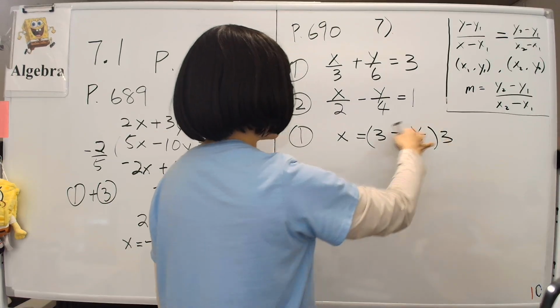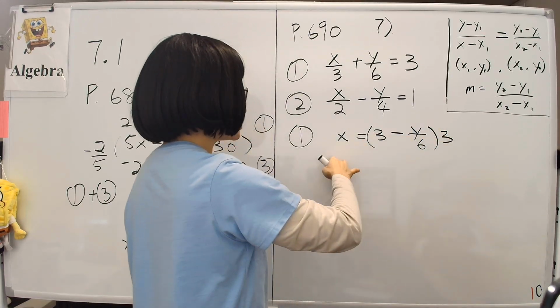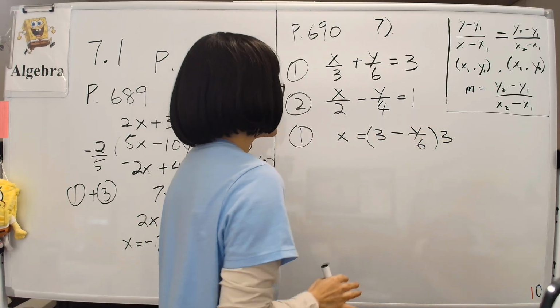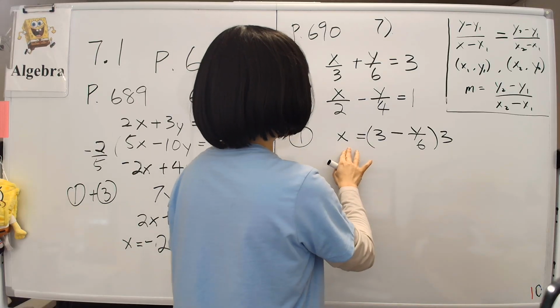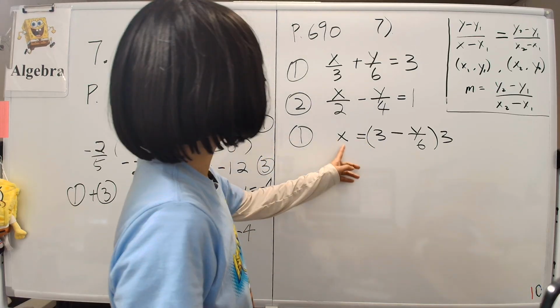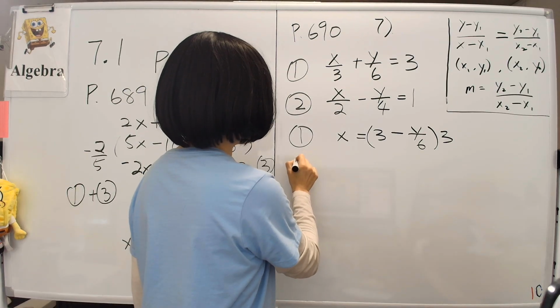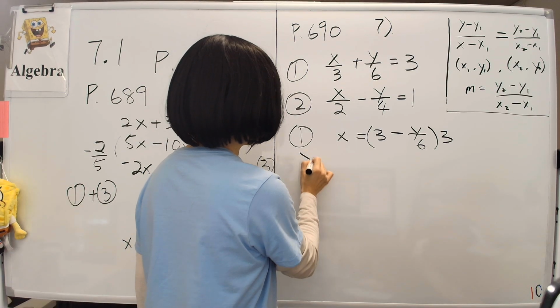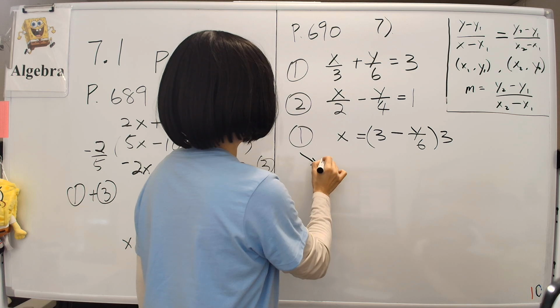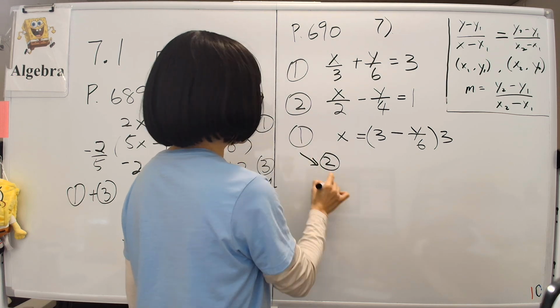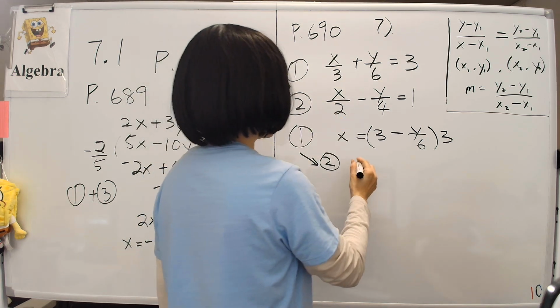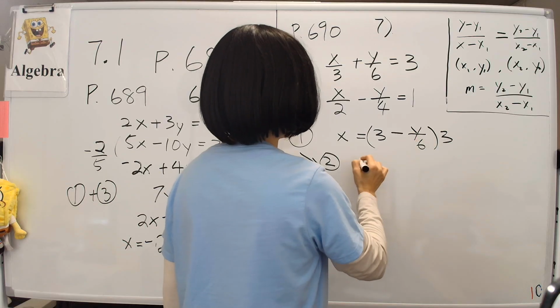When you cross the equal sign, you either push down or push up. That's called cross multiplying. So this is x, and we're going to plug this into equation 2. I'll draw an arrow that means into equation 2.